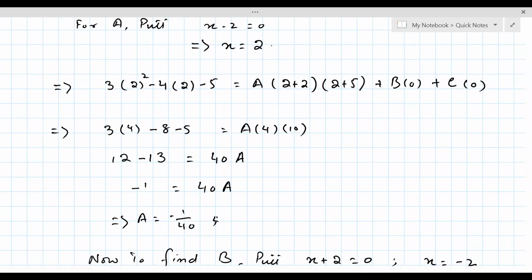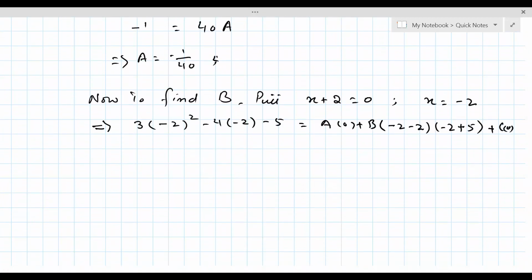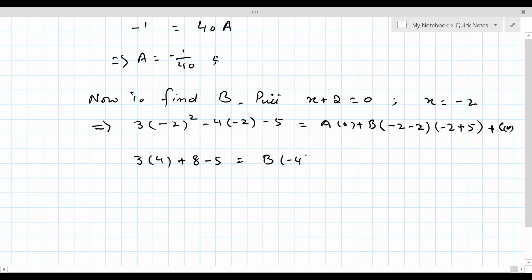So this will give us the value for b. This is 3 times 4 plus 8 minus 5 equal to a into 0 is 0. So b into minus 4 into 3. So this gives us 12, and 12 plus 8 is 20. So this gives us 15.